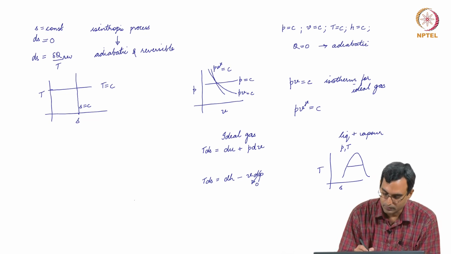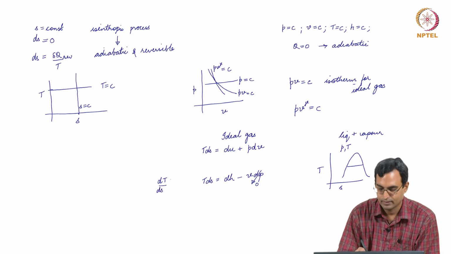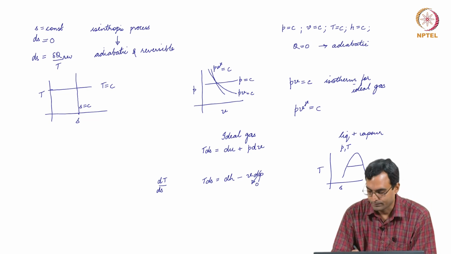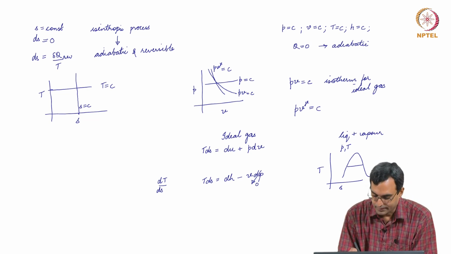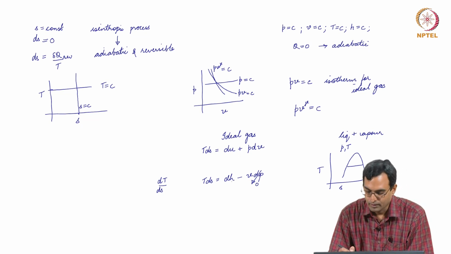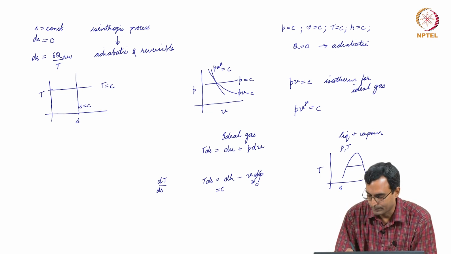So, here I want to find out dT by dS generally, because this is the slope, and I want to see whether it is constant or it is varying. So, I have TdS, I have dS over here, I have dH over here, this is enthalpy. What I can do is, for an ideal gas, I can replace this as Cp dT.